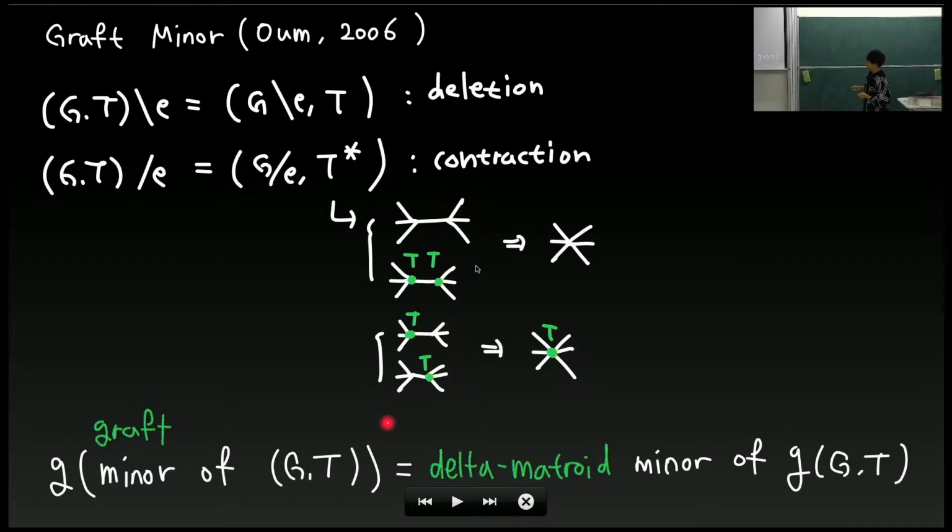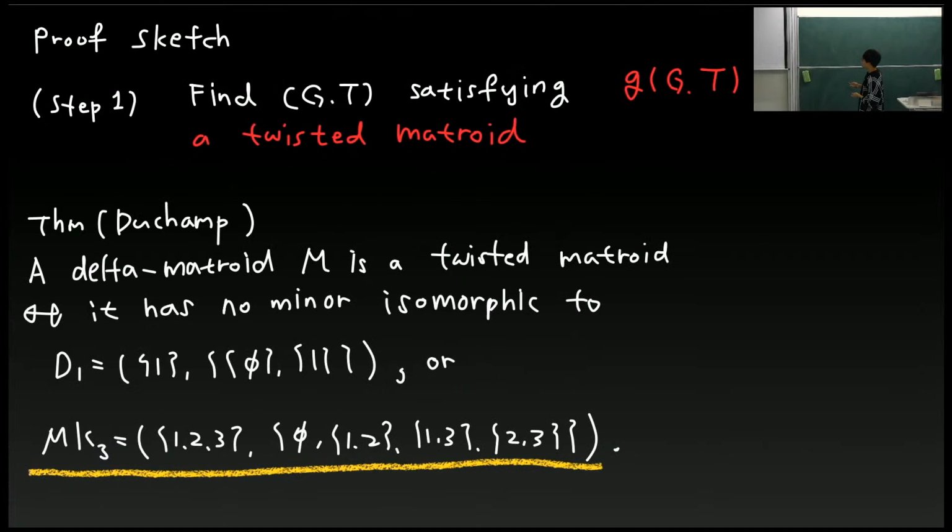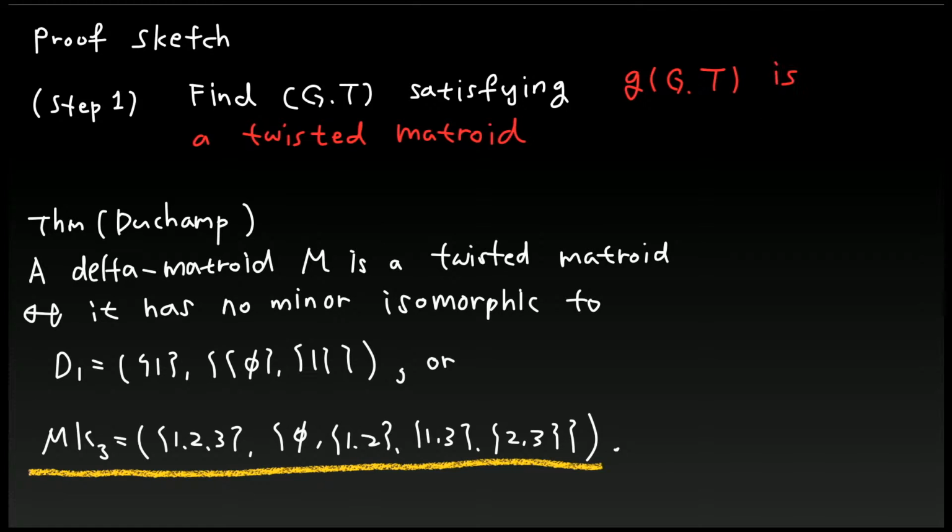Then we know that the graphic delta-matroid which comes from a minor of a graph GT is a delta-matroid minor of the graphic delta-matroid which comes from the original graph GT. So what we first have to do is find a graph GT satisfying that G_GT is a twisted matroid.